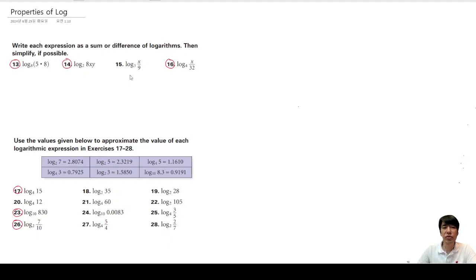The answer to this one would be log base 3 x minus log base 3 of 9. And again, this can be written as log base 3 x minus log base 3 of 9. 9 is 3 squared. So using the power property, this power can be taken in front of the log.